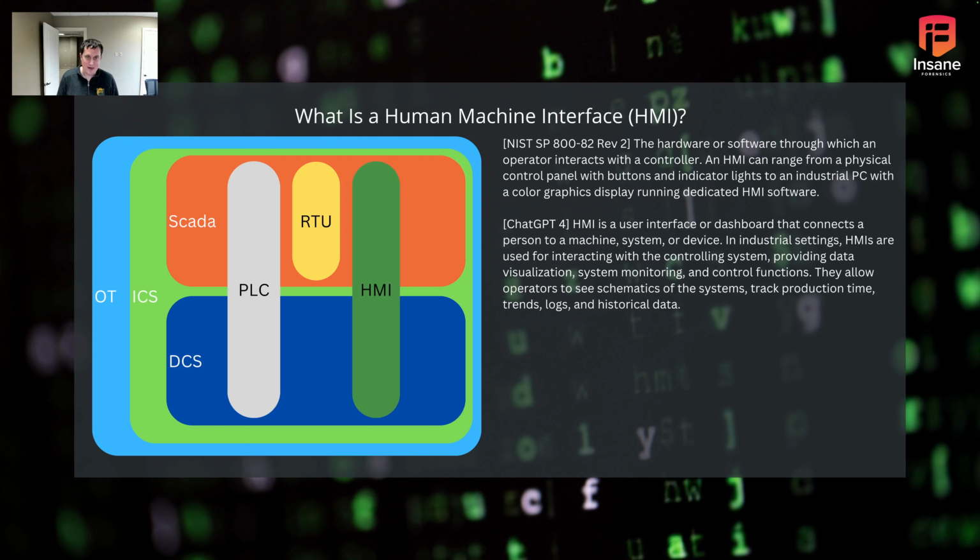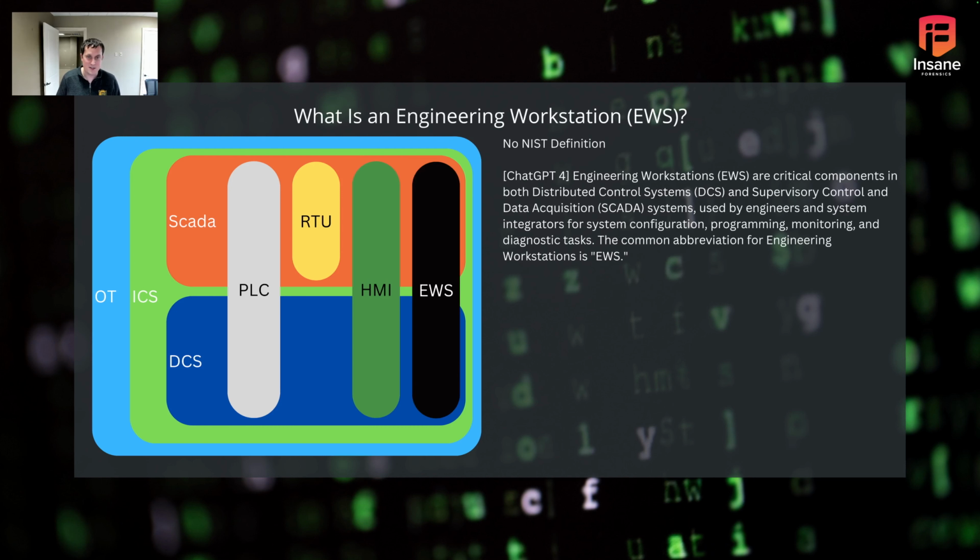HMIs provide data visualization, system monitoring, control, that type of deal. They allow operators really to see parts of the system if they're not just looking at alarms coming off of that. Engineering workstation, another key one. There's no NIST definition on here, which is kind of interesting, but they're another key part of DCS and SCADA systems, right?